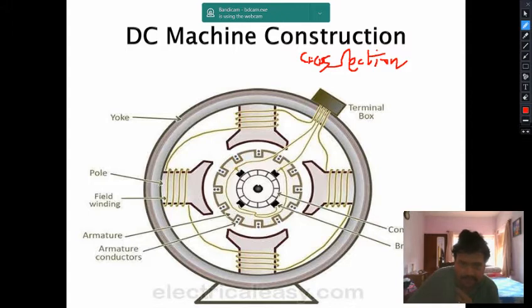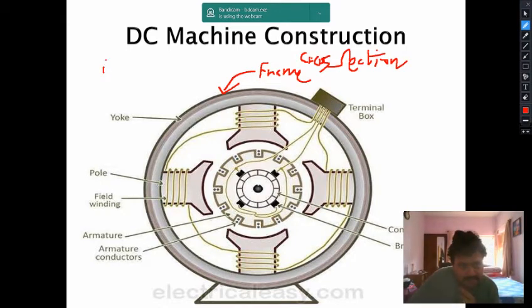So you see, this, shown by the arrow, is known as the frame of the machine. What is the purpose of the frame of the machine?